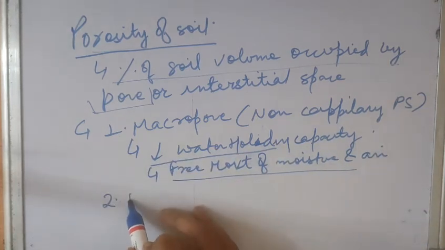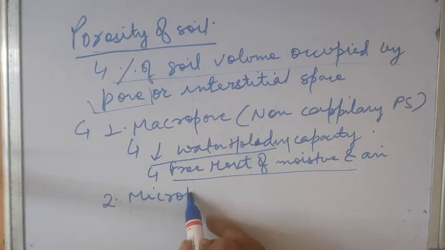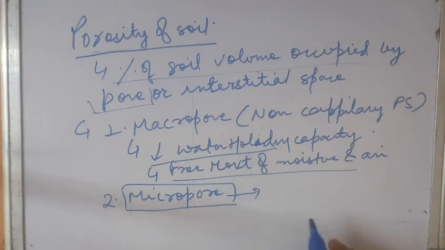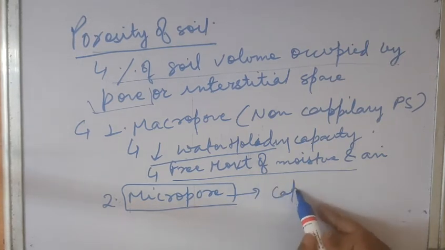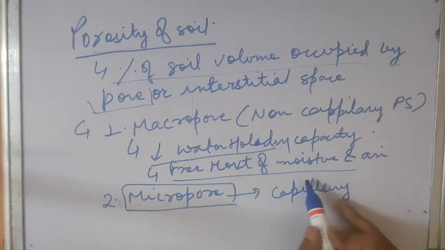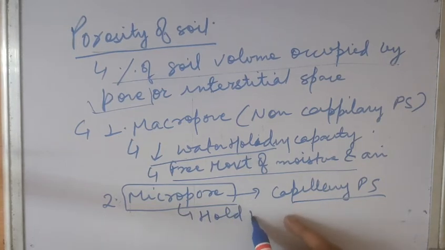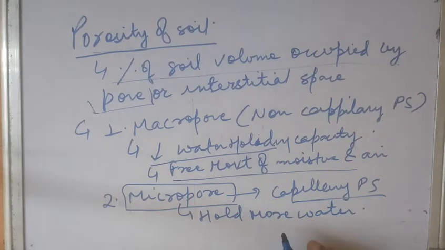Then we have got macropore. This is also capillary pore space. The first was non-capillary, the second was capillary pore space. So they hold more water, but what happens if they hold more water?